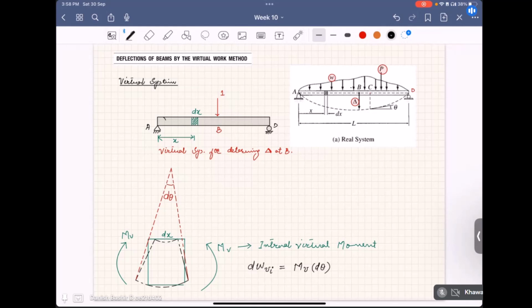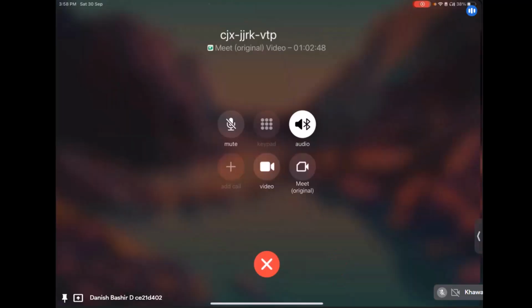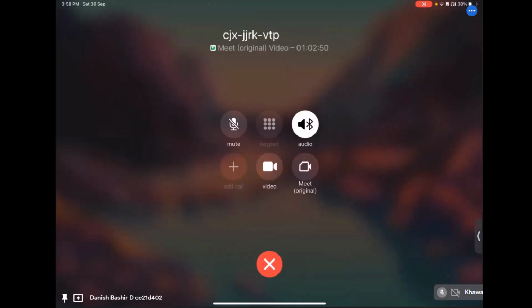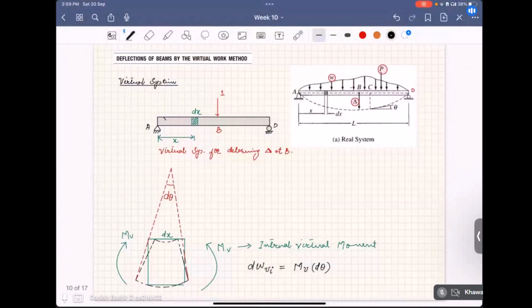Also, from pure bending theory, d theta is given as M by EI dx. You remember it from simple bending theory. So we will use the same d theta.